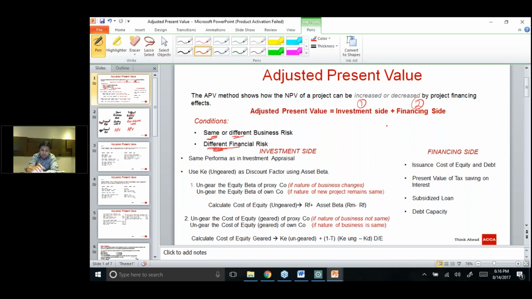In the investment side, the proforma is the same as in investment appraisal.